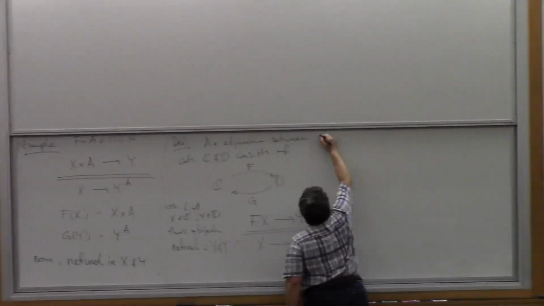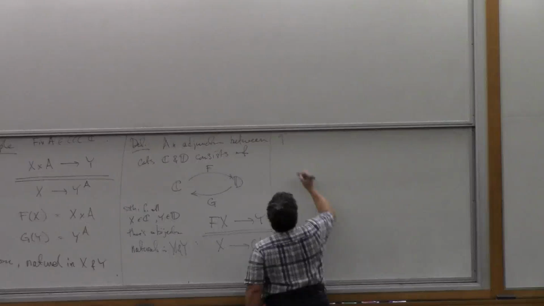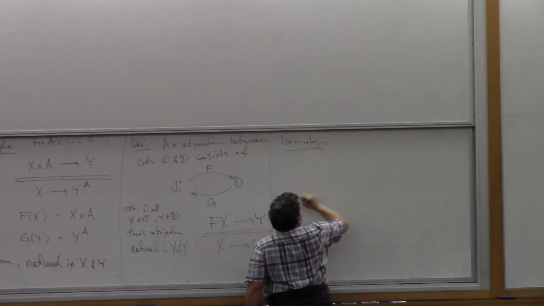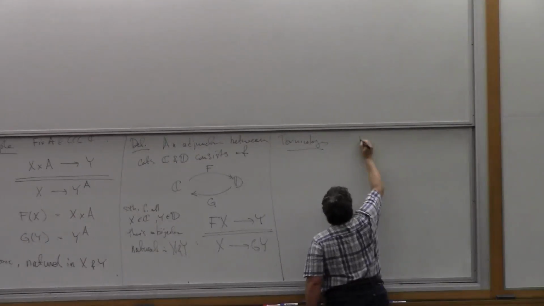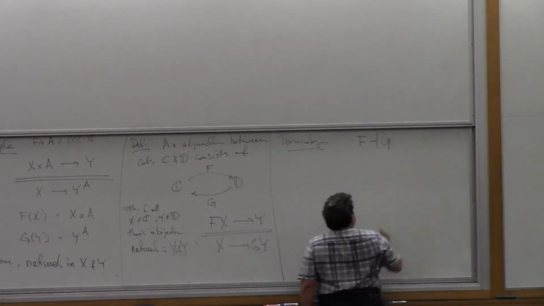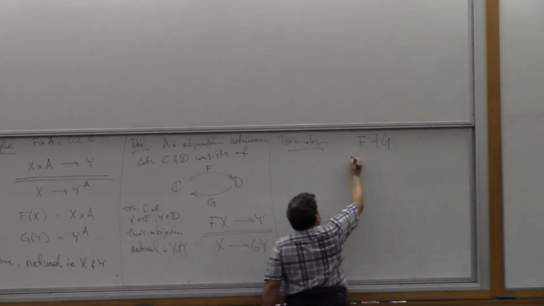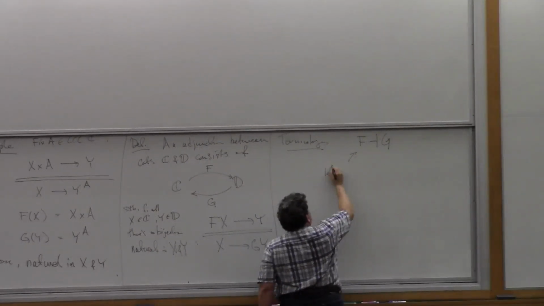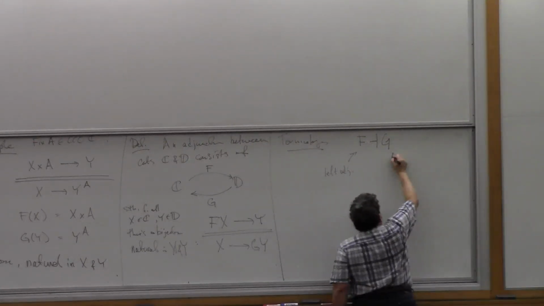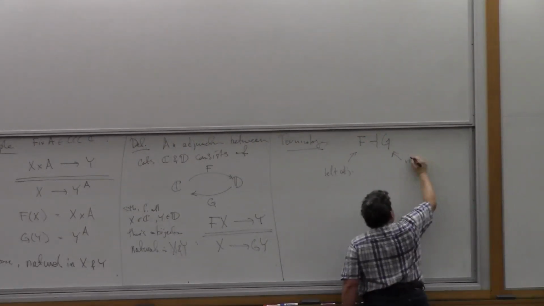Just by way of terminology, in this case I'm going to say F, and I'm going to write a backwards turnstile, G, just because that's the convention. And we call this one the left adjoint, for obvious reasons, and this one is called the right adjoint.